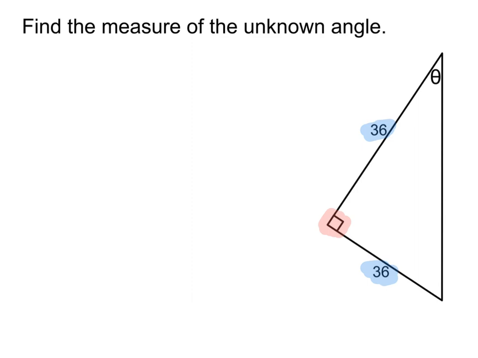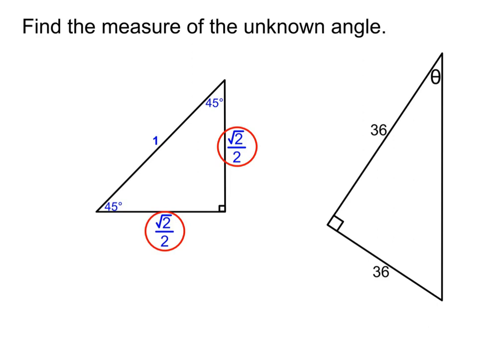So you notice that those two leg lengths are the exact same length. Well, if they're both going to be 36 units long, they're both the same. And there's only one of those special right triangles where those two leg lengths are the same, and that is the 45, 45, 90 triangle, where you notice both of them are root 2 over 2.